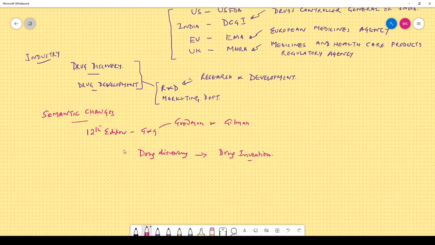Okay, so this book has suggested that the term drug discovery be replaced by drug invention.